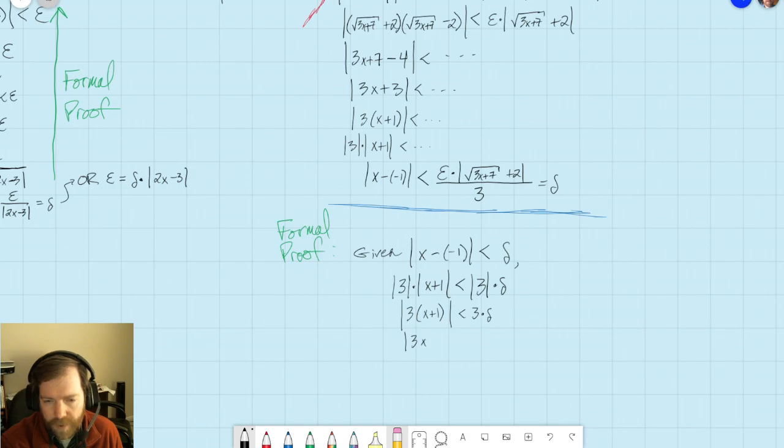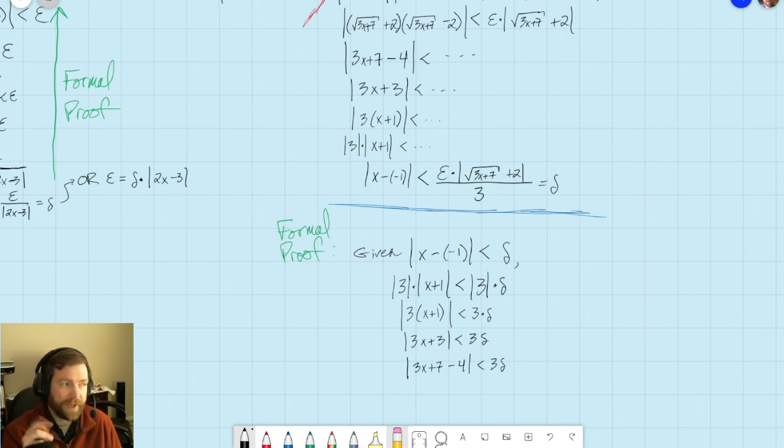The absolute value of 3x plus 3 is less than 3 delta. Again, here, this is the absolute value of 3x plus 7 minus 4, which is less than 3 delta. Now we can go one of two ways with this.